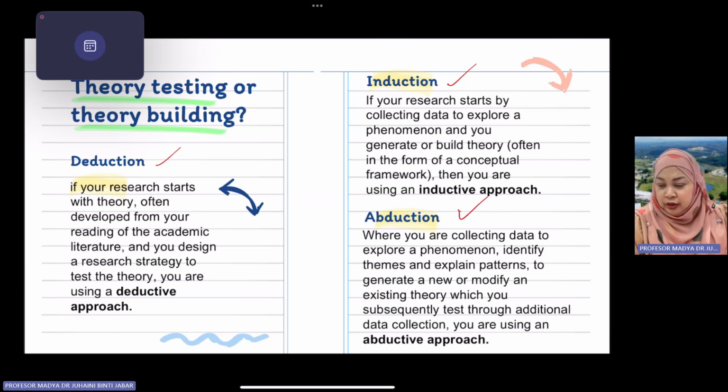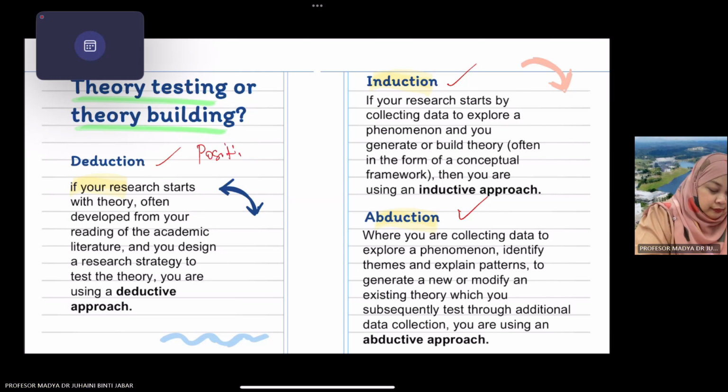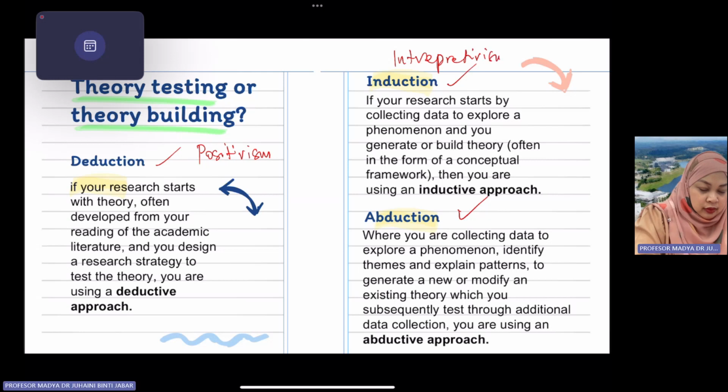When you have chosen your philosophy, there are certain philosophies that are suitable with certain theory development. For example, positivism is here, induction is interpretivism, and abduction is pragmatism.